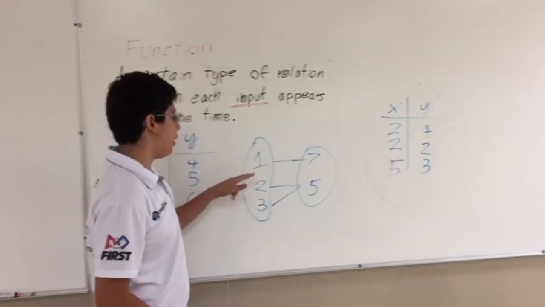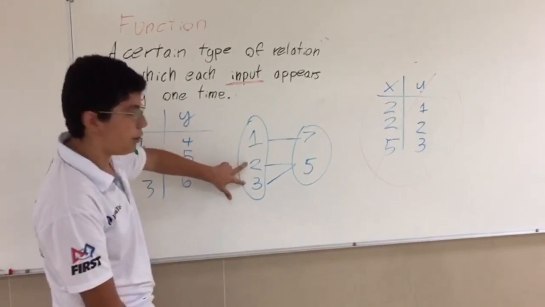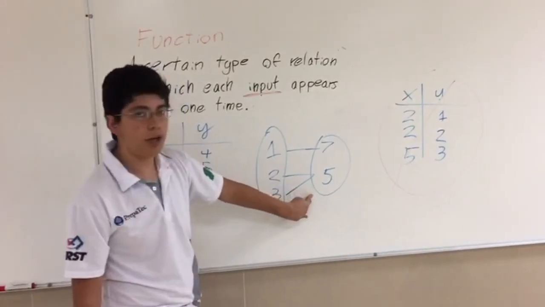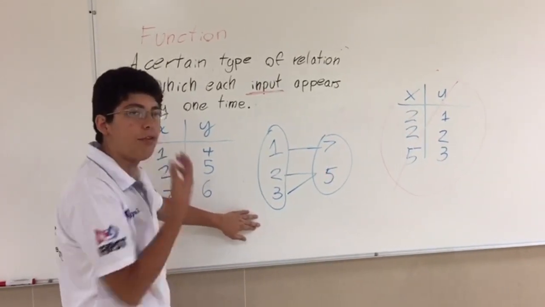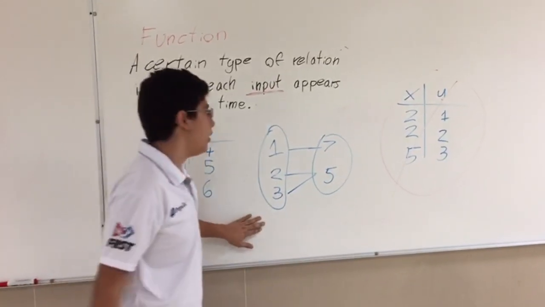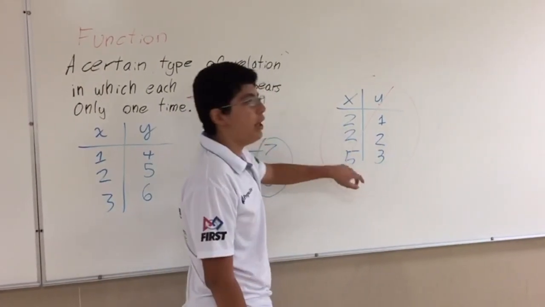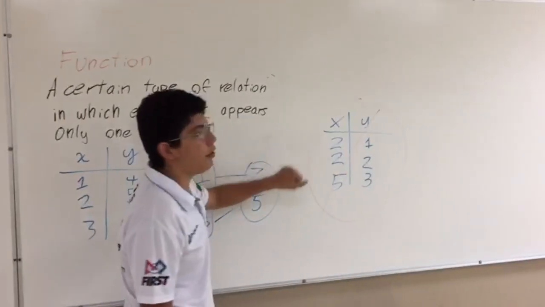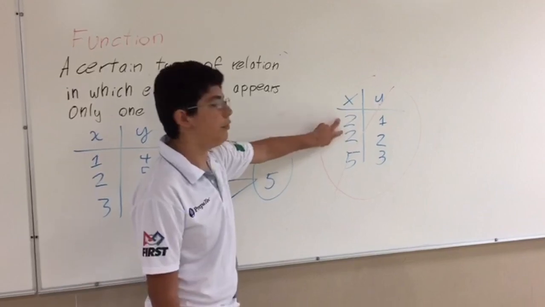Here we have 1, 2, 3, and we have 7, 5, and we can see that 2 and 3 are sharing the same output, but that doesn't make it not a function. It's still a function. And then we have 2, 2, 5, and 1, 2, 3. And here comes where it is not a function, because you have two inputs.